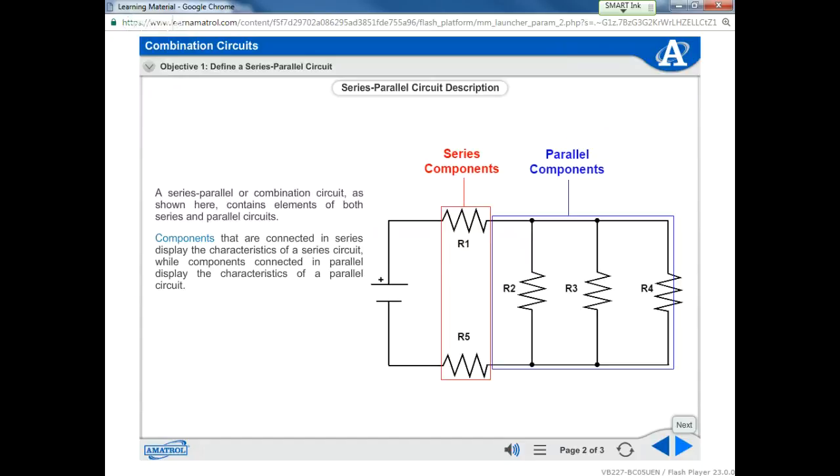So, okay, here we have parallel components. Let's go on. Notice that in this section here, R1 is in series, R5 is in series, and the rest is parallel.